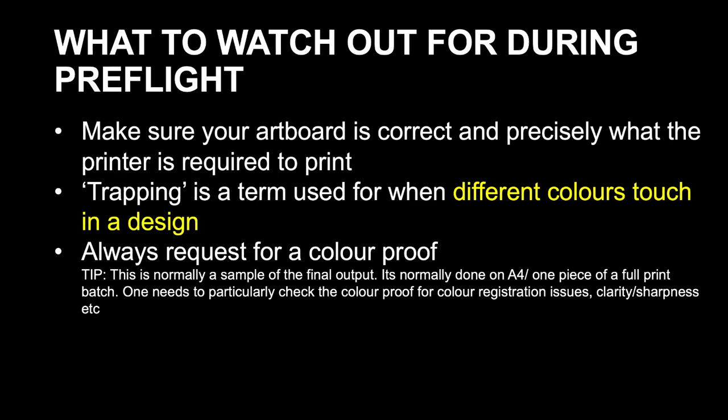For example, if you have an area of pure yellow and another area of cyan, that is blue, side by side, there would be a green overlap due to some slight misregistration in the printing process. If this is not deliberate, you want to avoid it. So make sure that when they're joining, the two colors are just touching and not overlapping, because it is important that this check is done.